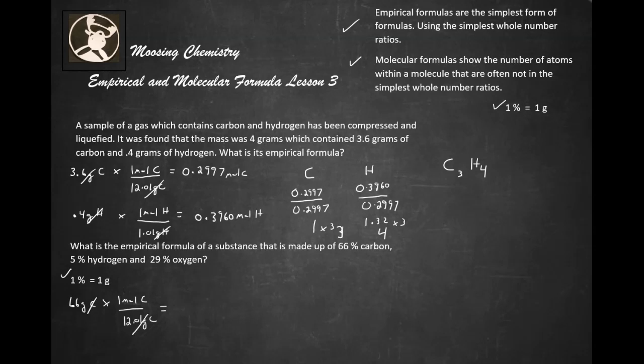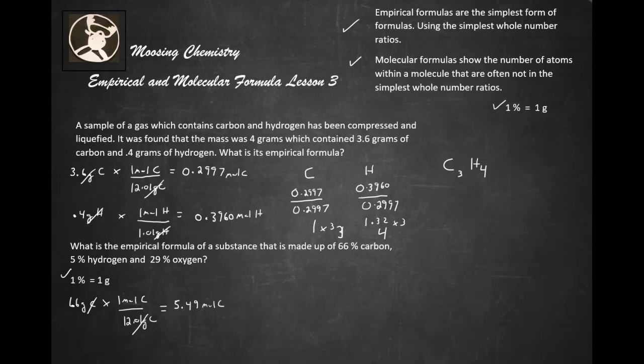We're going to get our calculator here, and that's going to give me the value. 66 divided by 12.01 would be 5.50 roughly, or 5.49 moles of carbon. You could call it 5.50. It's not going to matter much.